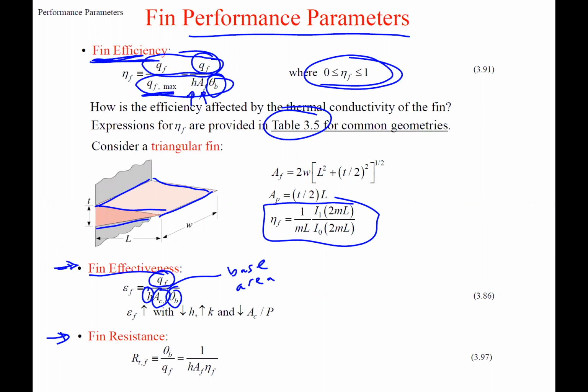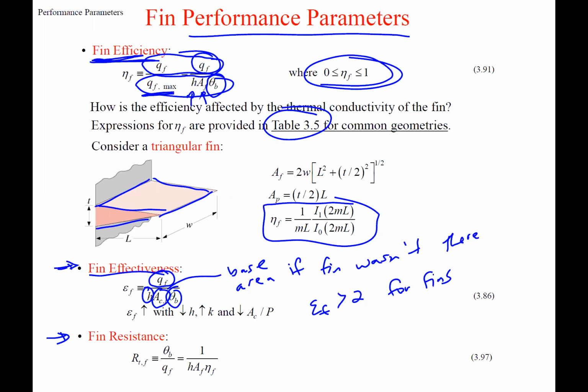So it's as if the fin wasn't there, and you just had convection along the base area. In this case, the fin effectiveness should be greater than 2 for fins. So with a fin, you should be getting twice as much heat transfer or more. Otherwise, it might be better just to leave it as the base and not use fins. It might not be beneficial then.